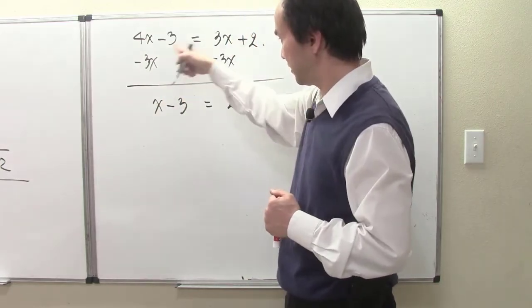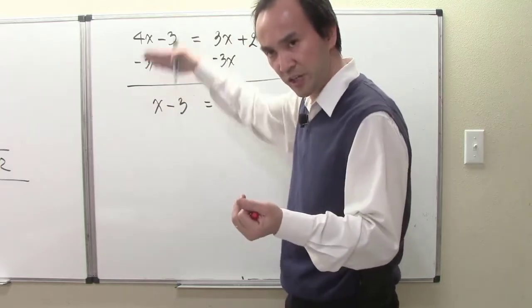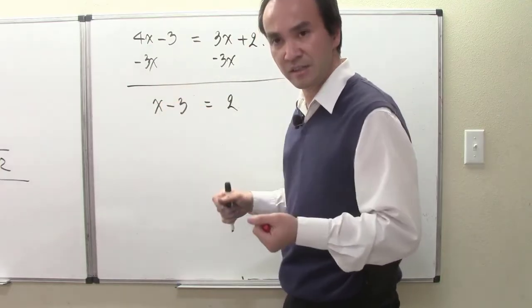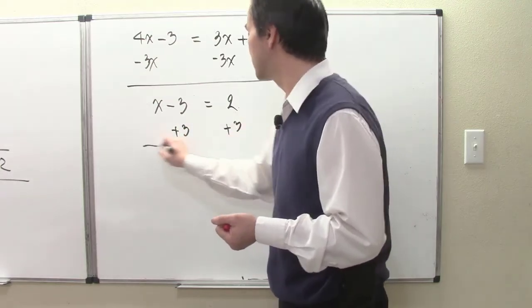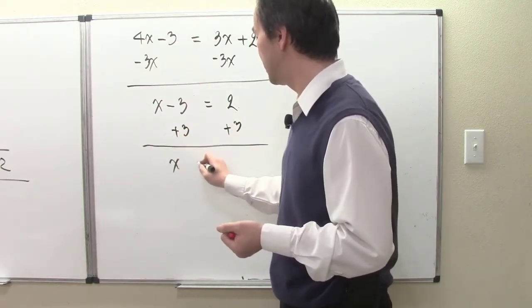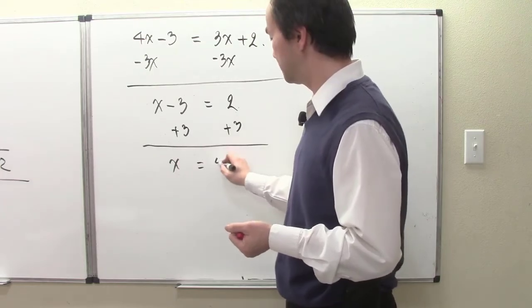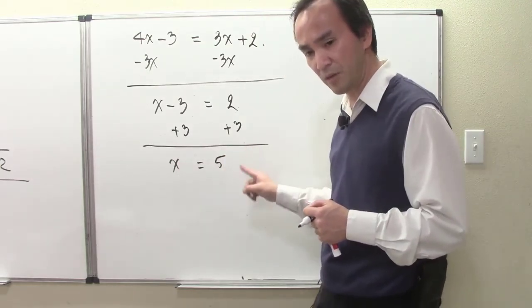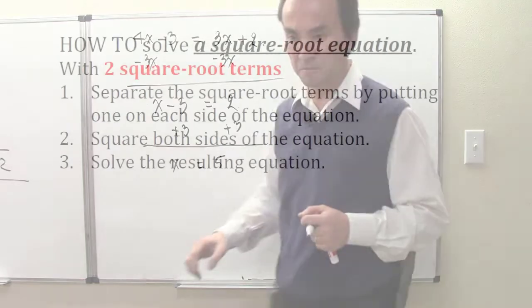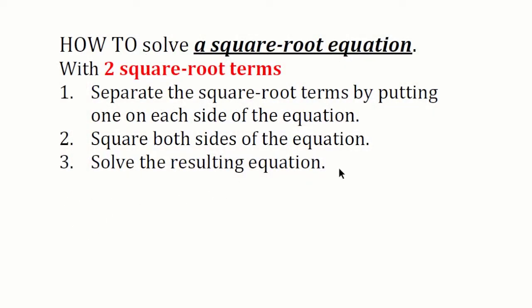The resulting equation is a linear equation. I'm adding 3 to both sides, making it x equals 5. Everything I'm doing here is exactly the steps indicated by step 3 from the instruction: solve the resulting equation after squaring both sides.